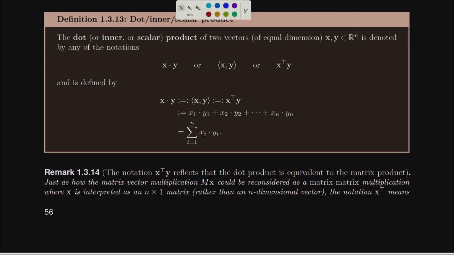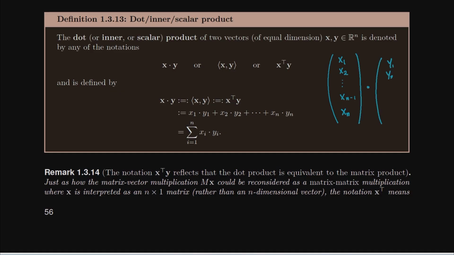And the way this is defined is, it's going to make more sense if I draw these vectors out, x1, x2, all the way down, xn minus 1, xn. If we say dot, y1, y2, yn minus 1, yn. What does it mean to take the dot product of these? Well, here I've written x1 times y1. That means I'm looking straight across x1 times y1, and then I add x2 times y2 straight across.